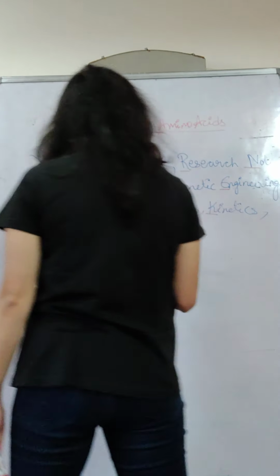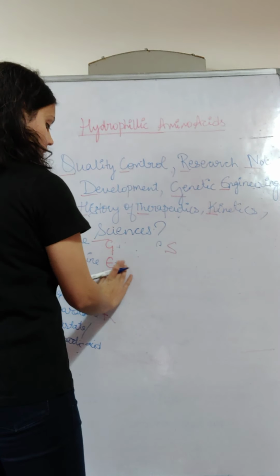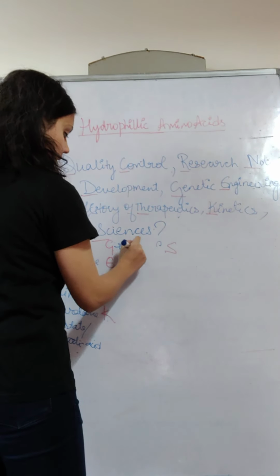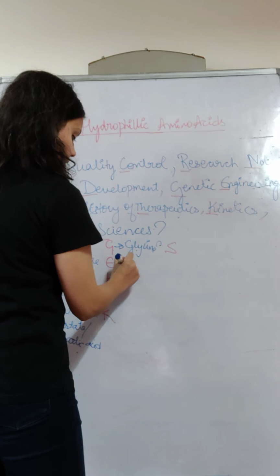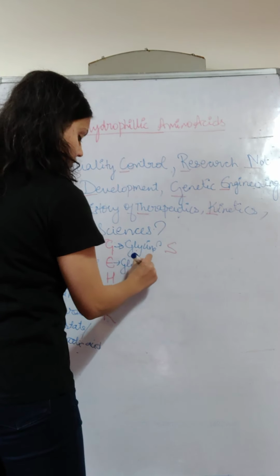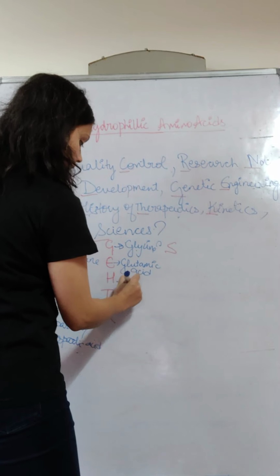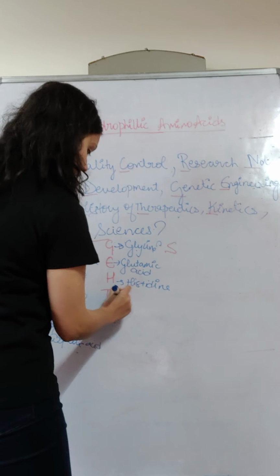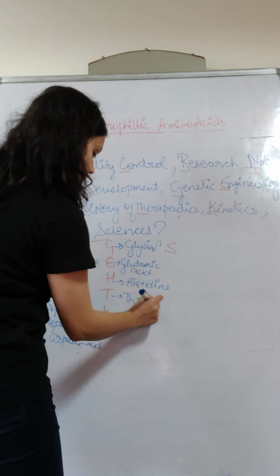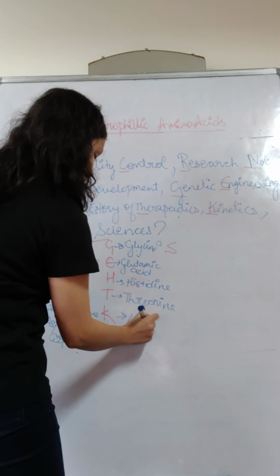E is for glutamic acid or glutamate. H is for histidine. T is for threonine. K is for lysine.